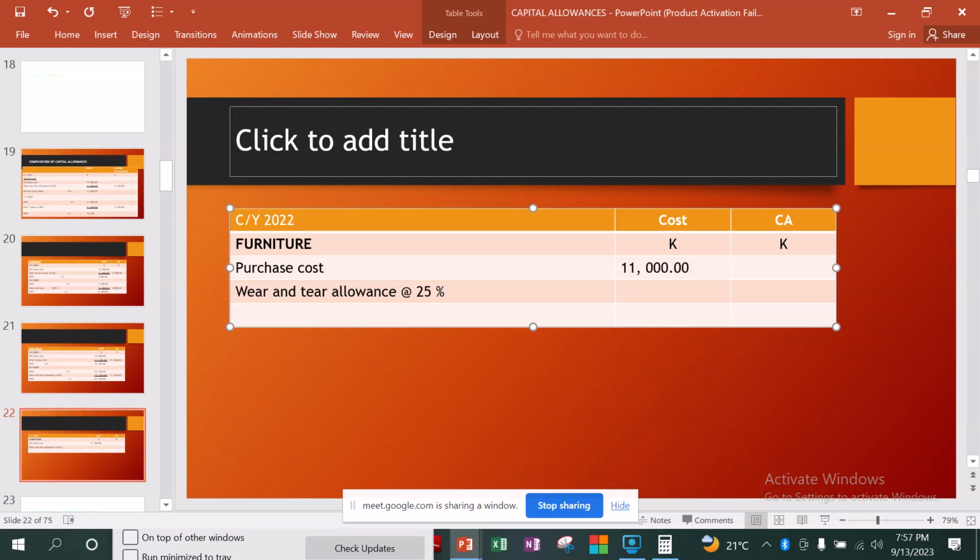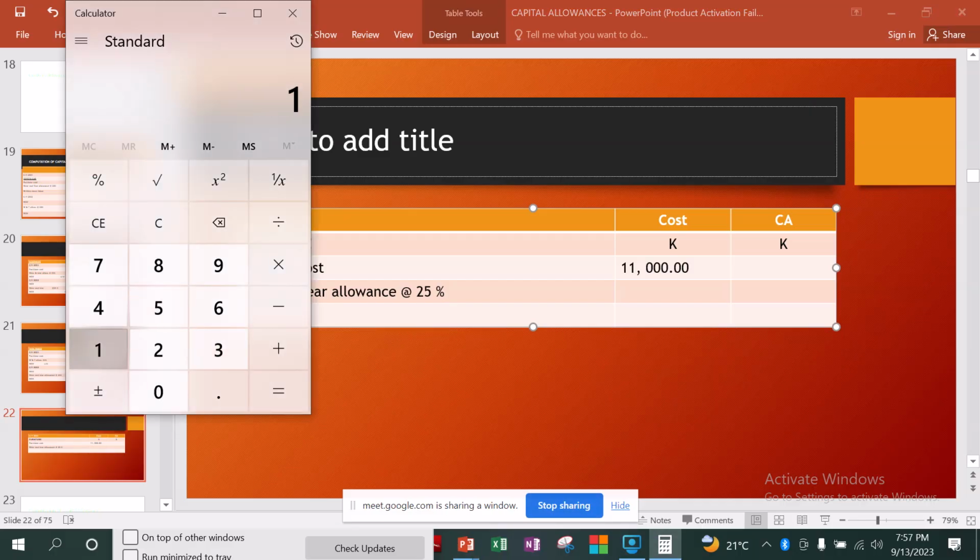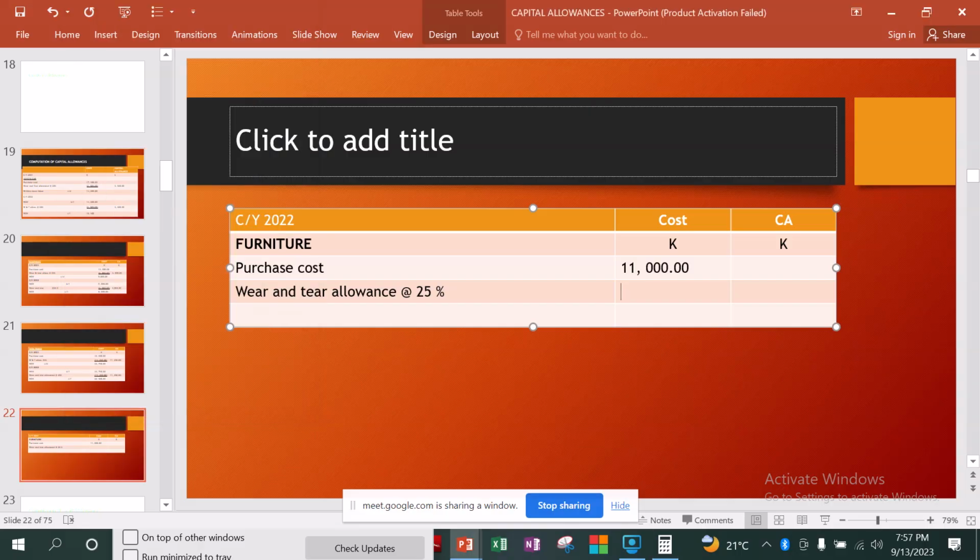So when you calculate 25% of this one, what do you get? It's 2,750. So we come with it.